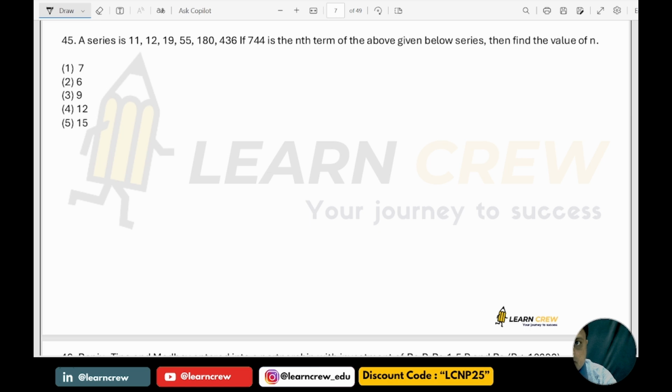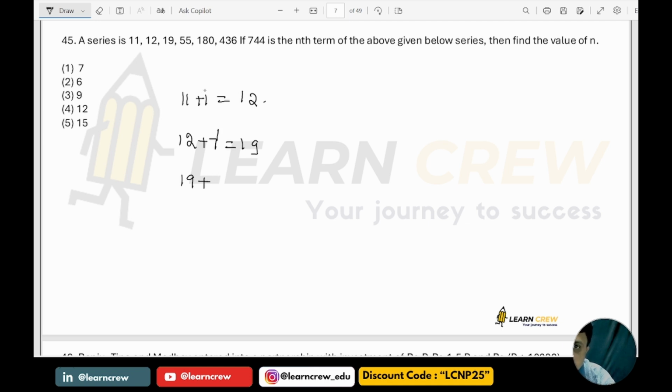Next, a series is 11, 12, 19, 55, 180, 436. If 744 is the nth term, then find the value of n. So 11 plus 1 is 12. And 12 plus 7 is 19. Then 19 plus 36.